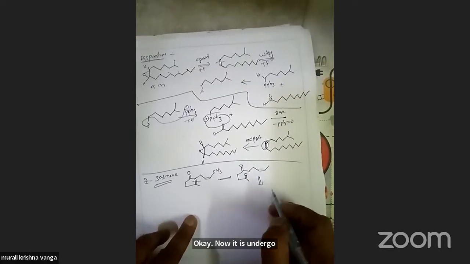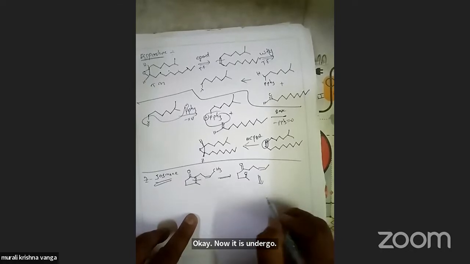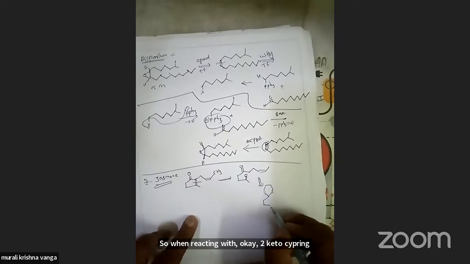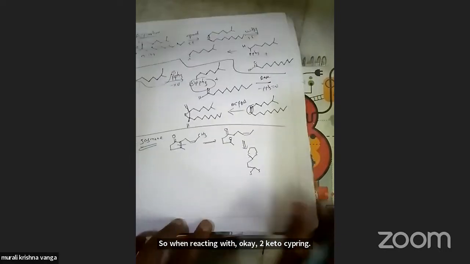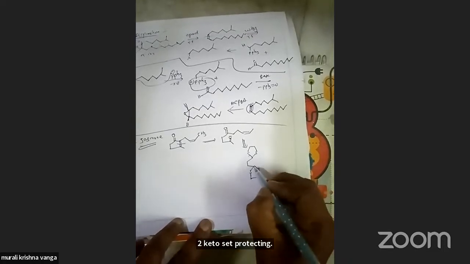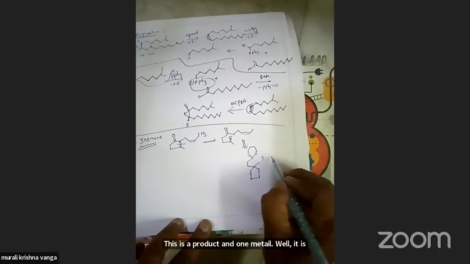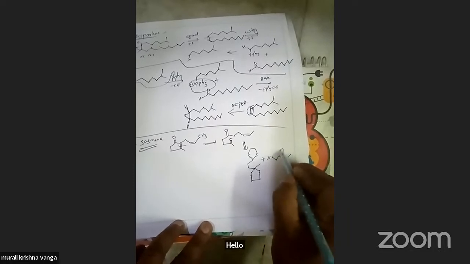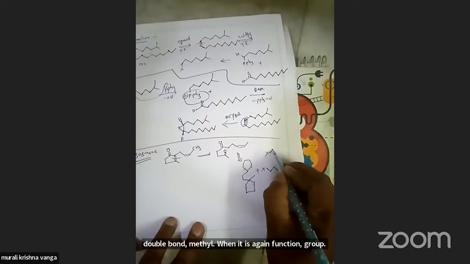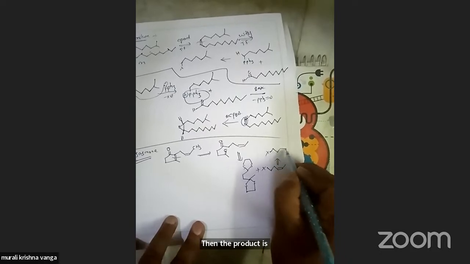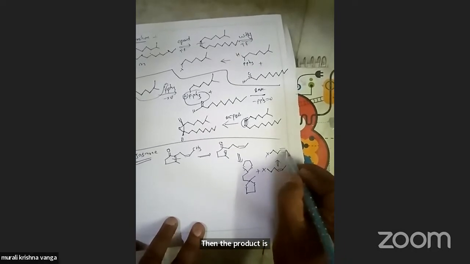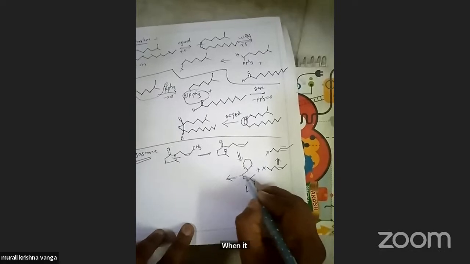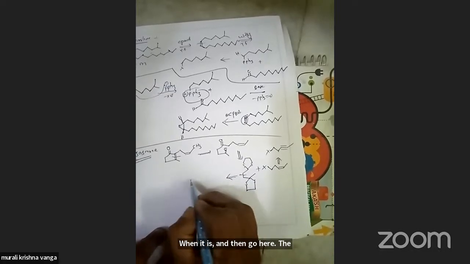Now two ketones are protected. Then this is a product and one methyl. When it is again halo double bond methyl, functional group interconversion, then the product is this.